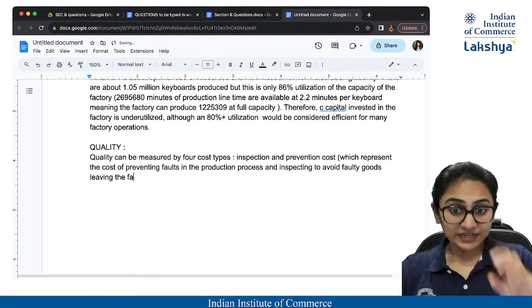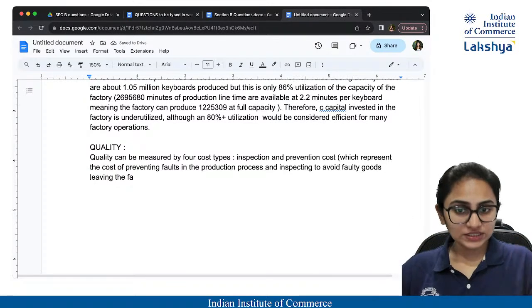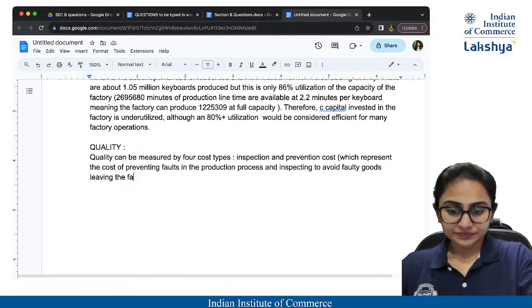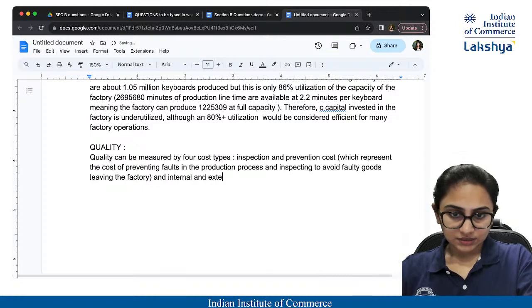So we are inspecting so that the goods which have gone outside the factory are best quality and they are not faulty. And internal and external failure costs.